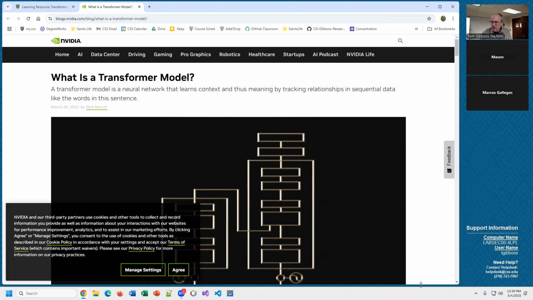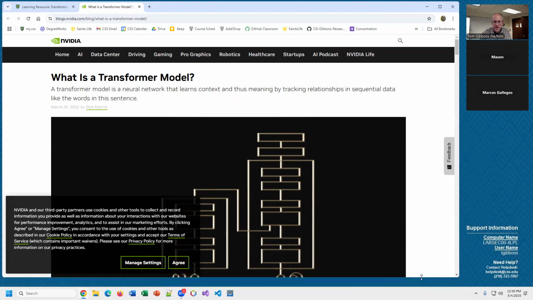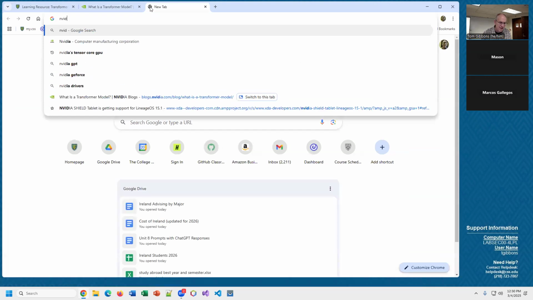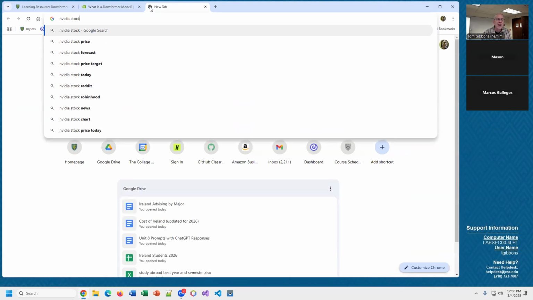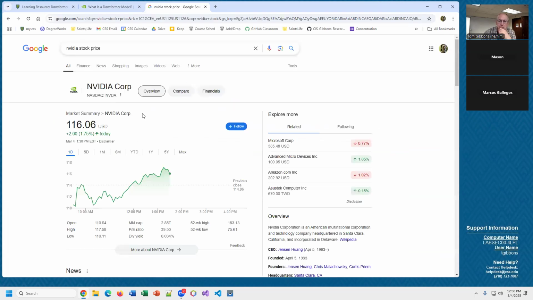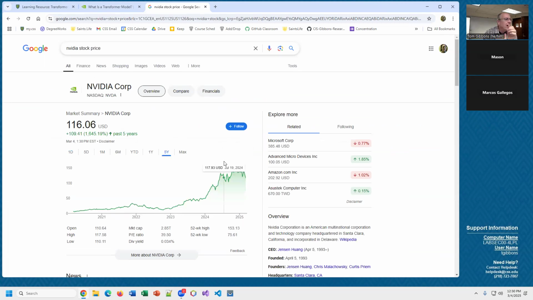Anyone bought NVIDIA stock recently? I'm historically really bad at investing in tech companies. You would think I'd be better.